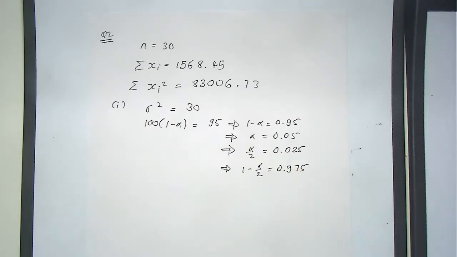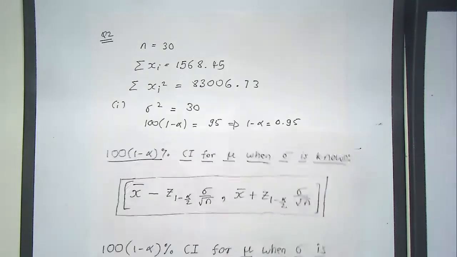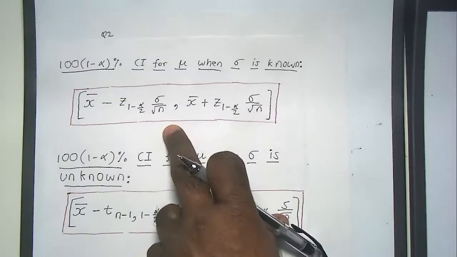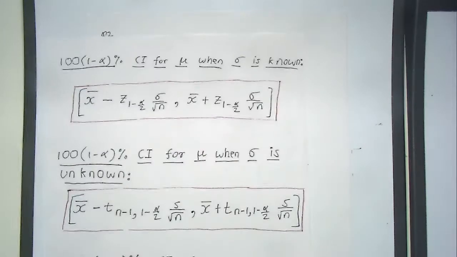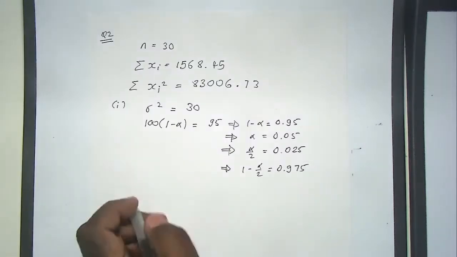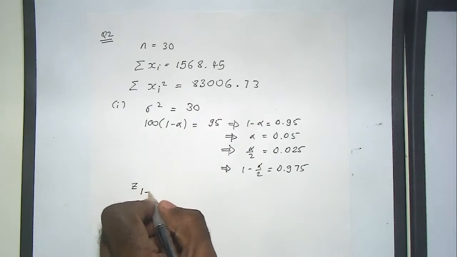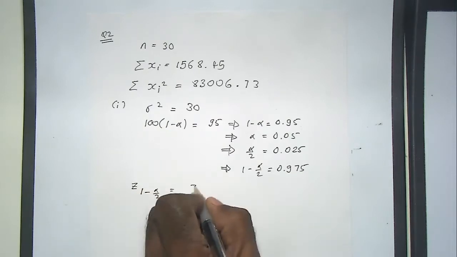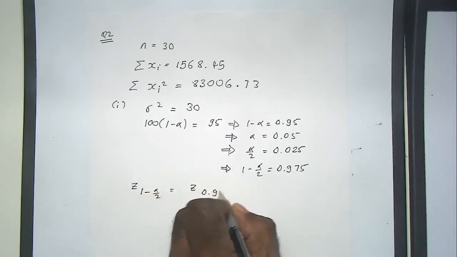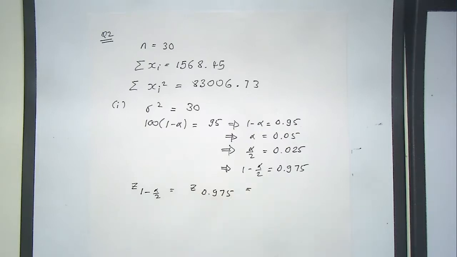Now, use the formula that I just showed you, the one at the top. This is the formula when the variance is known, so you just need to use that formula. To do that, you first need to read this value, which is Z 0.975. Now I will show you how to read this. Go back to the table that I just gave you. This is the Z table.